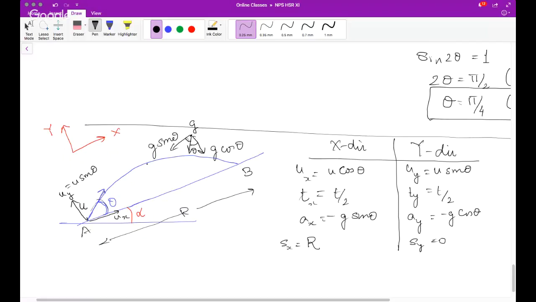For example, if you are taking this time frame, you have to be careful. We have to find out whether the time in x is t by 2 in this case or not. Because this is not as symmetric as the previous problem, there is a question mark.